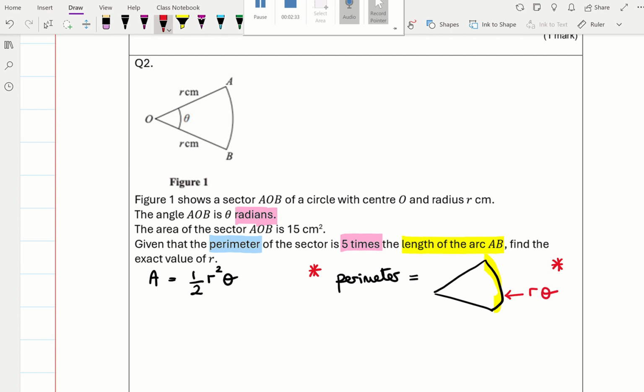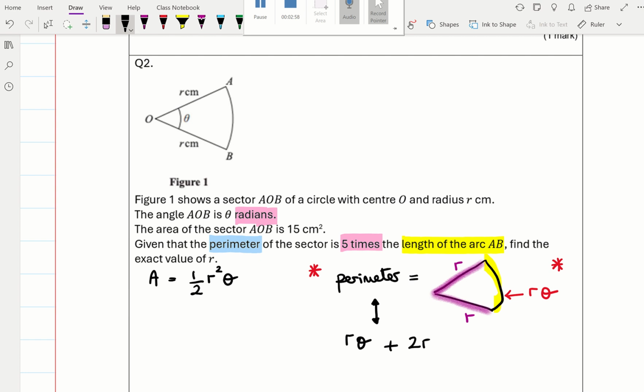It's r times theta. But the perimeter is not just the arc length. It's also adding the two radiuses, the two radii. So really, the perimeter is arc length, r theta, plus 2r. So that's the perimeter.